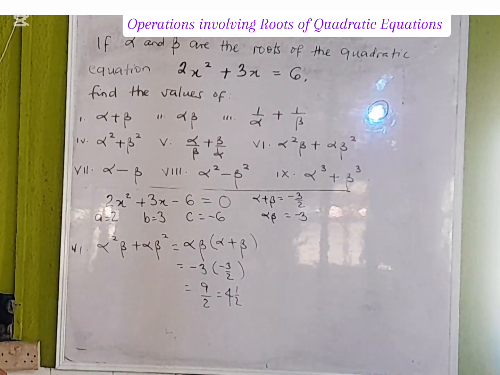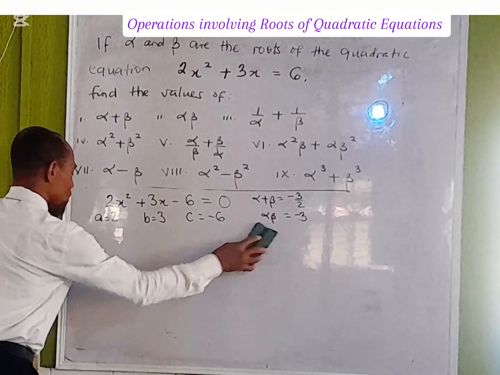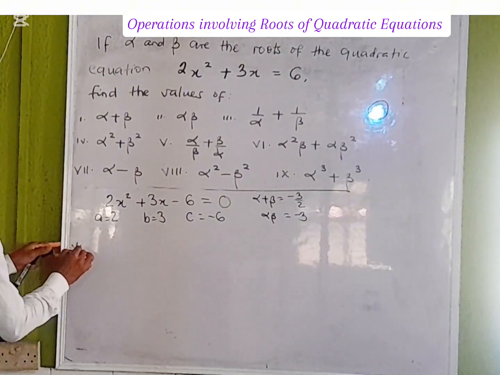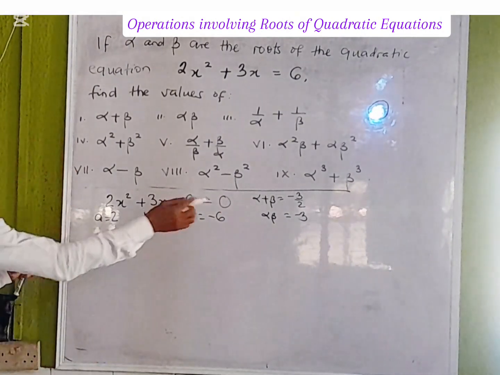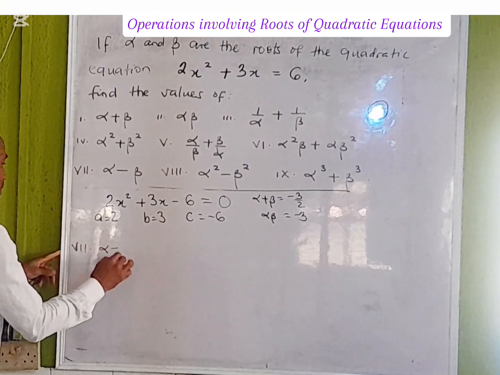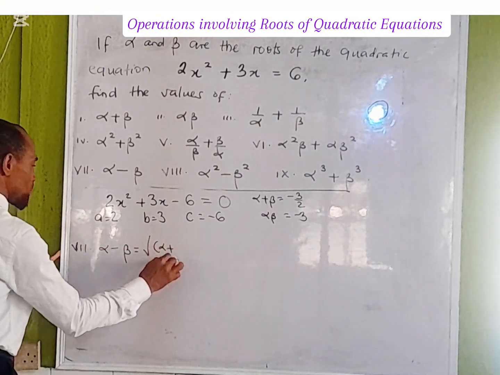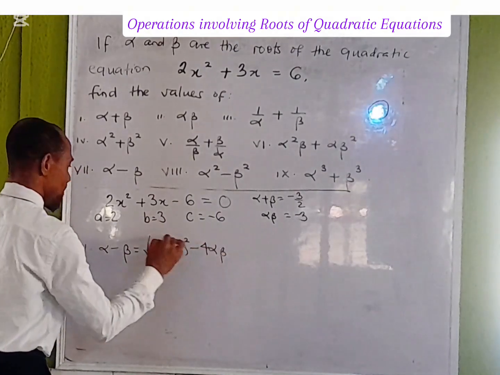Very straightforward indeed. Now, number 7 requires a bit of algebra, deep algebra. Alpha minus beta. Clearly, alpha minus beta is not in the established rules. So you have to extract sum and product therefrom. Alpha minus beta is actually the square root of alpha plus beta all squared minus 4 alpha beta.